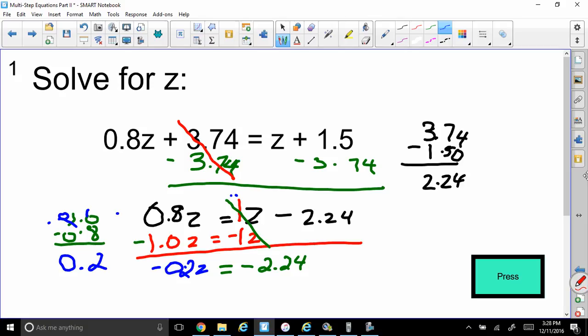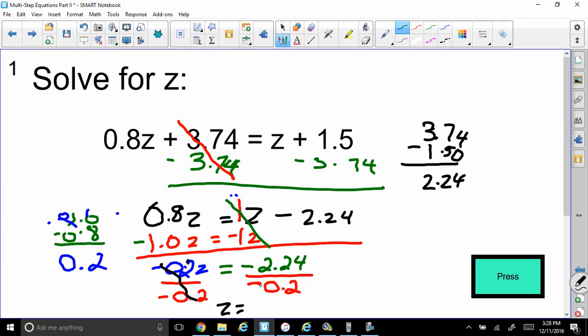Now I have to solve for z, so I'm almost done. All I do is divide both sides by negative 0.2, and that'll cancel out the negative 0.2 on the left side, leaving me with just the z.